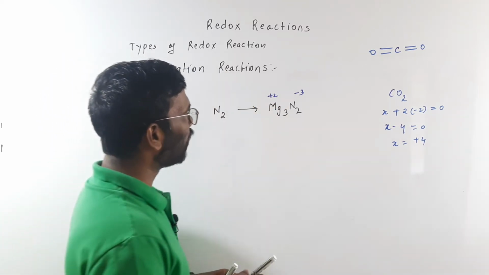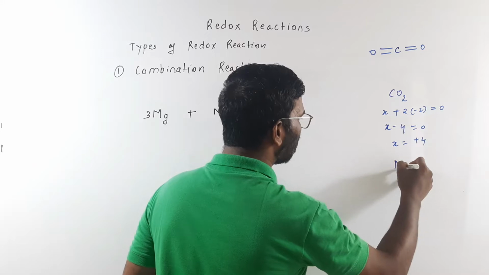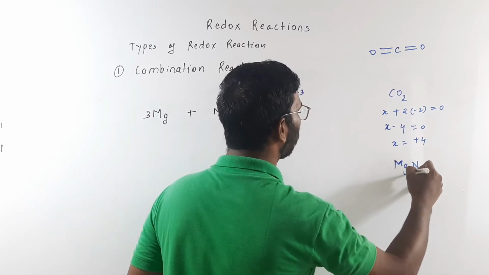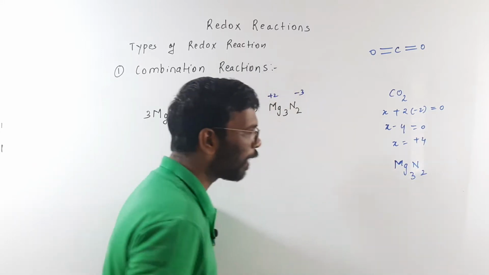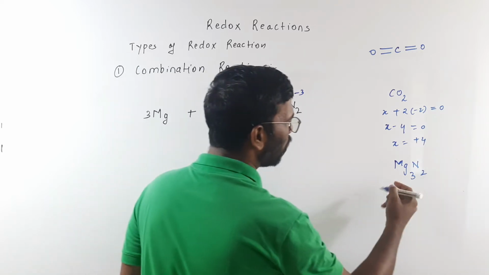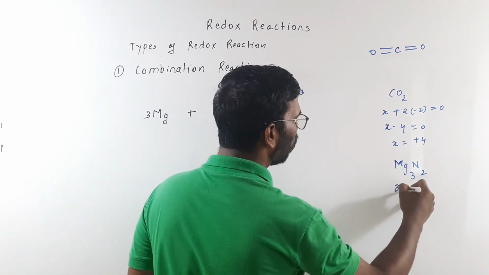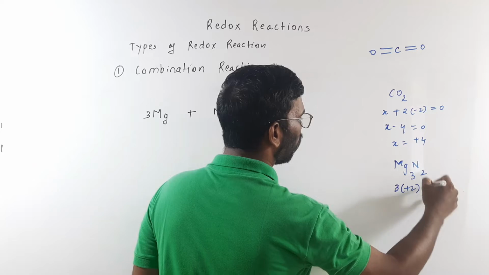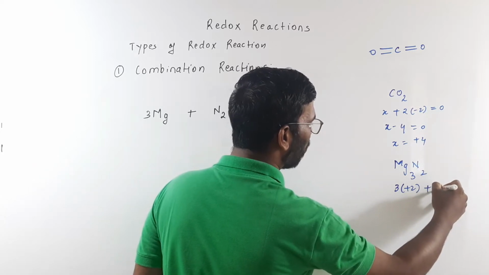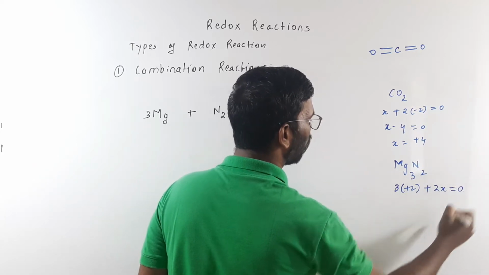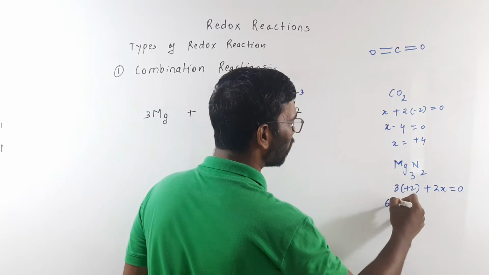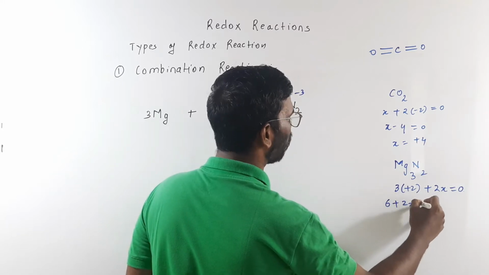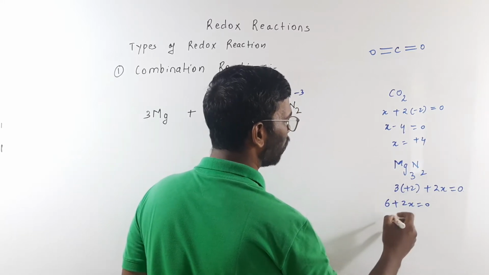Once I understand that magnesium is in plus 2, it is very easy to find for the nitrogen. So here for magnesium I am putting 3 into plus 2, and for nitrogen, which I need to find, 2x is equal to 0. So this is 6 plus 2x is equal to 0.